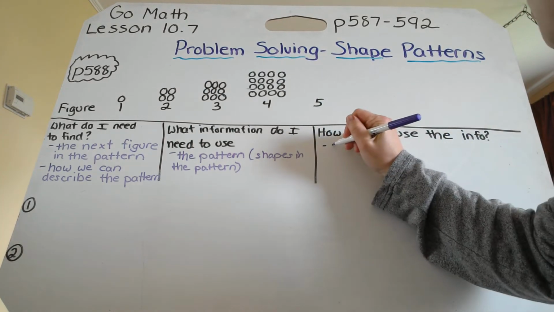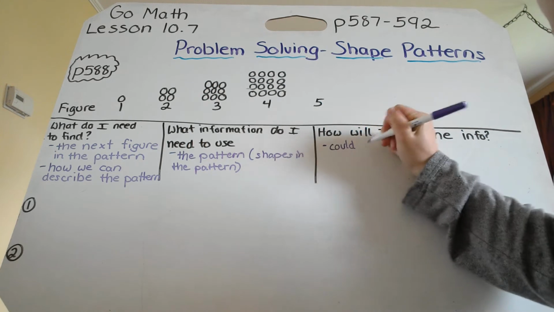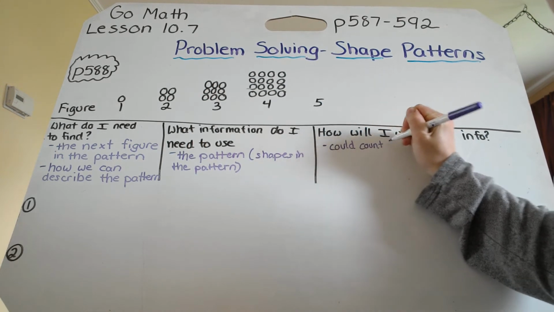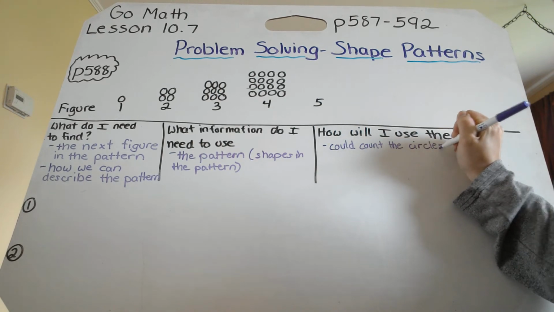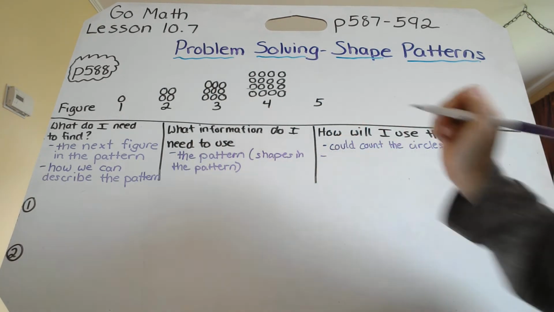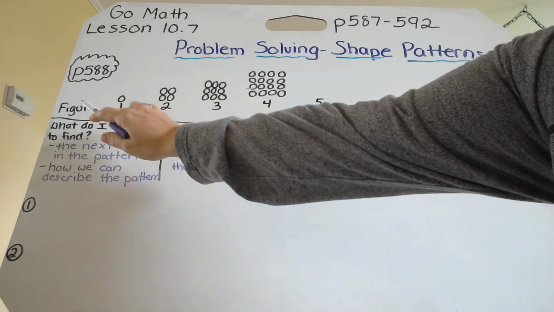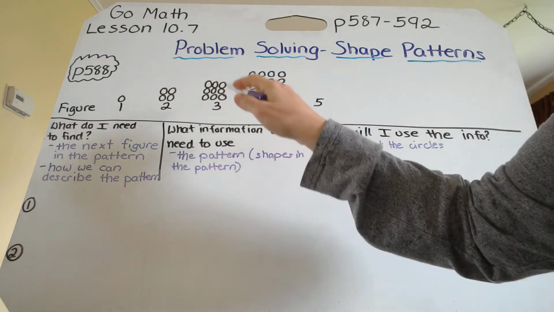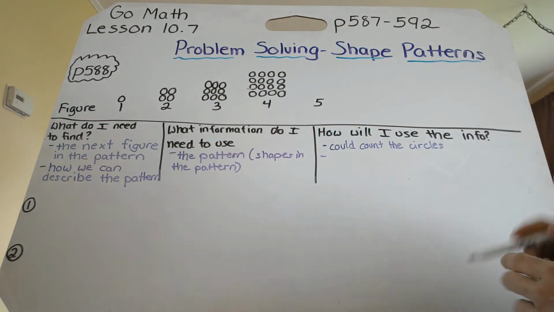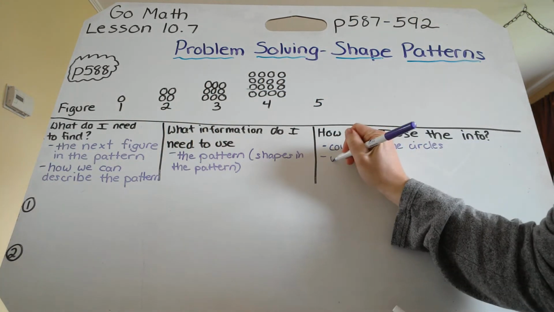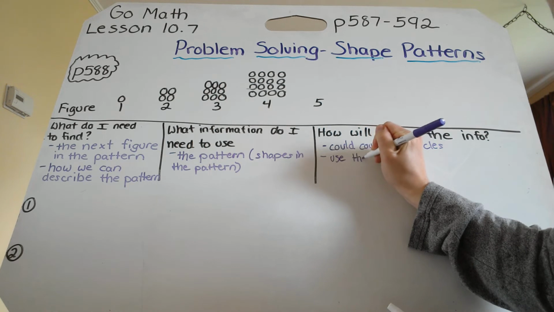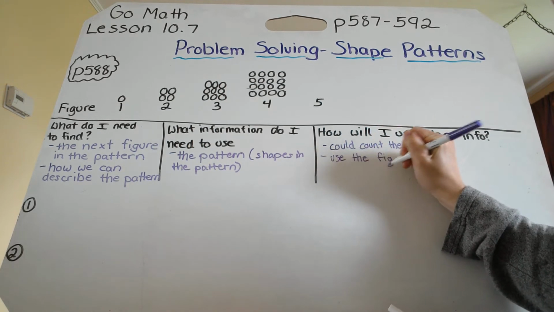So you could count the circles. Look at these figure numbers. Here's figure 1, figure 2, figure 3, figure 4, figure 5. Maybe those figure numbers have something to do with the circles. So use the figure numbers.